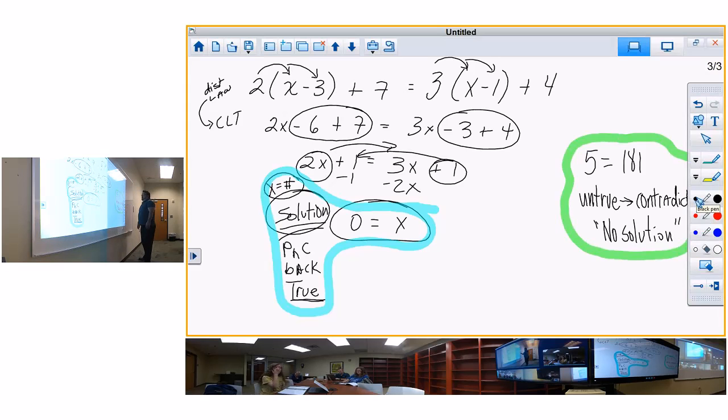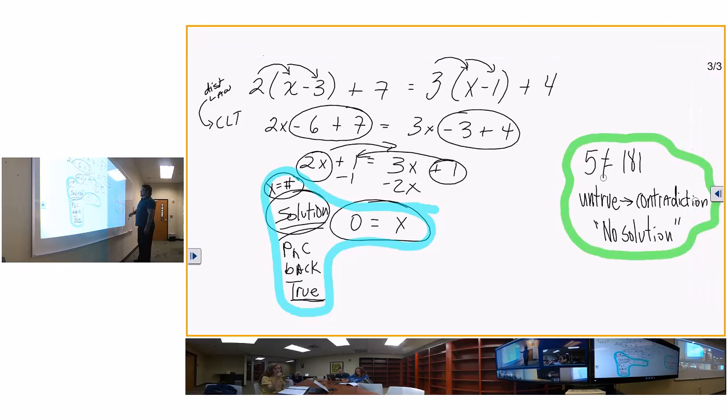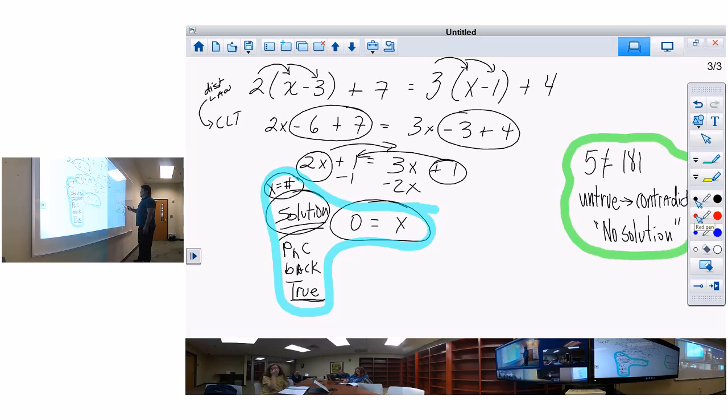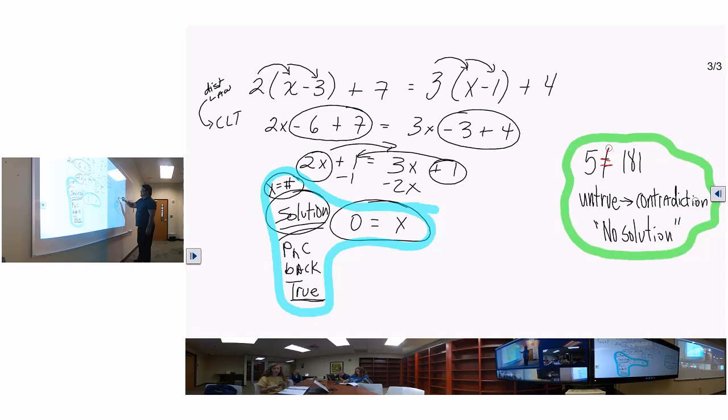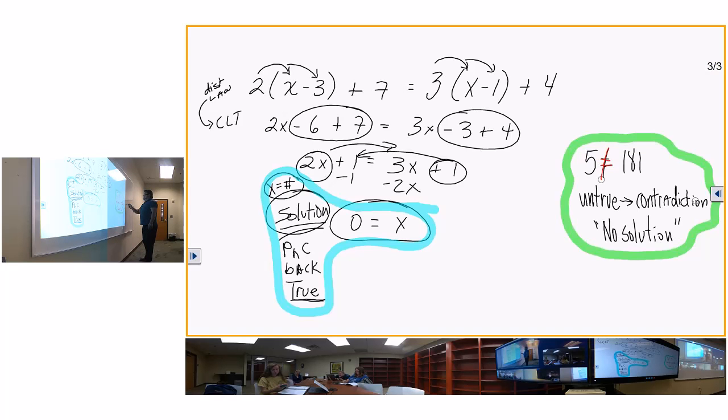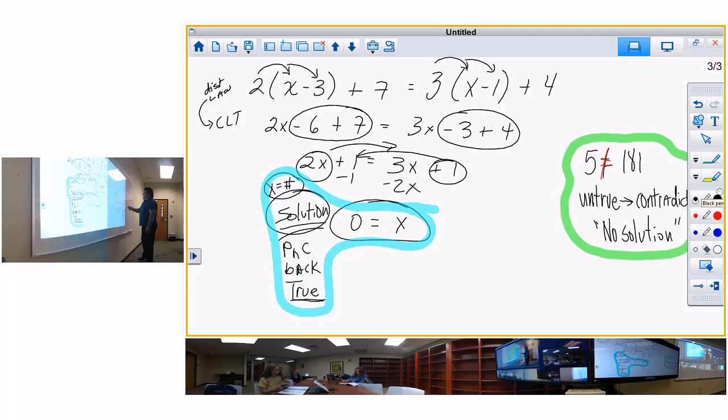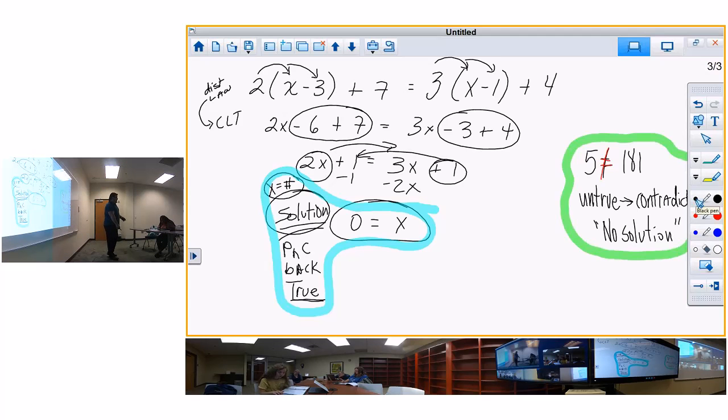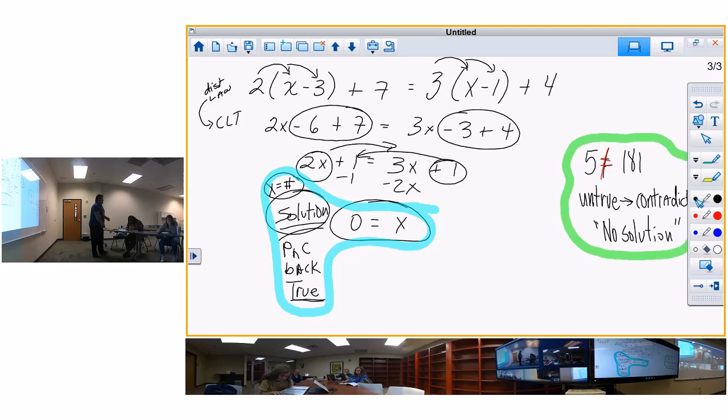Is 5 equal to 81? No. 5 is not equal to 81. So therefore, it's not a true statement. Now, should you go back and check to make sure you haven't screwed up somewhere? Yes. But if you haven't screwed up anywhere and you get an untrue statement, that means it's a contradiction and there is no solution to the problem.